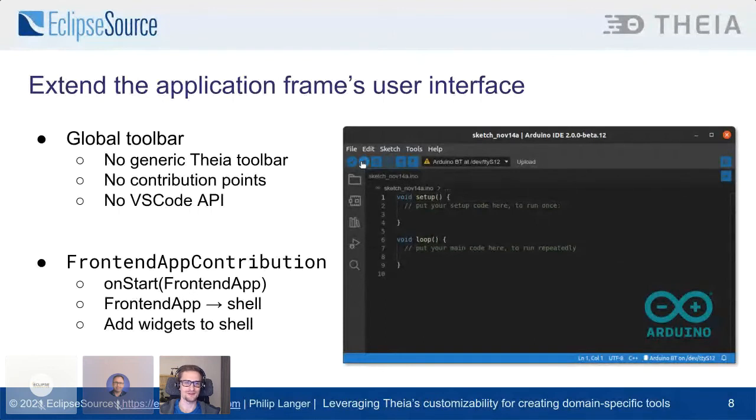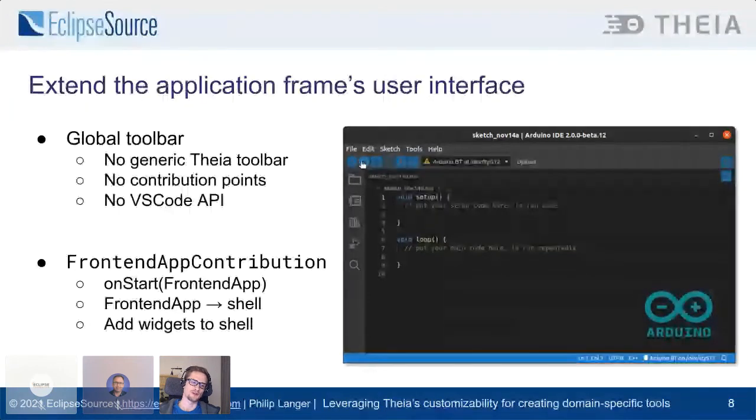I think that's a very opinionated discussion. I just say there is no generic toolbar in Theia right now. So obviously there are also no contribution points and no VS Code API anyway. But you could still, for your application, add that. And I think there is a very, very nice example in the Arduino IDE that is Theia based, where you can basically see how this is implemented.